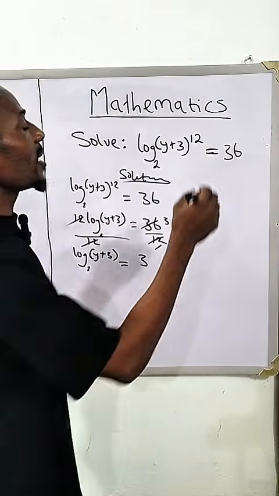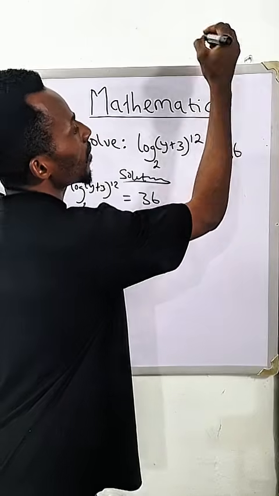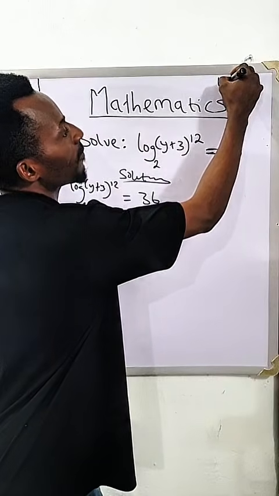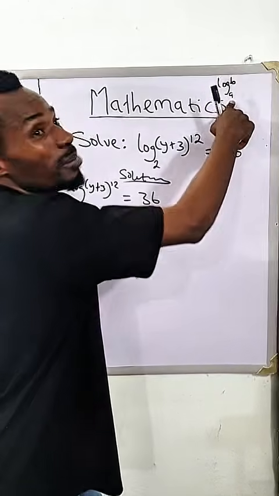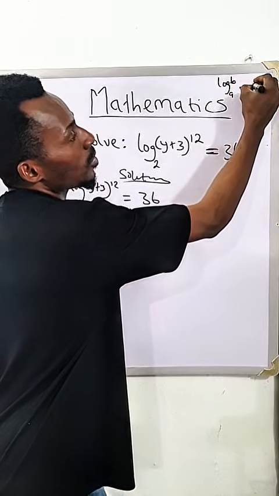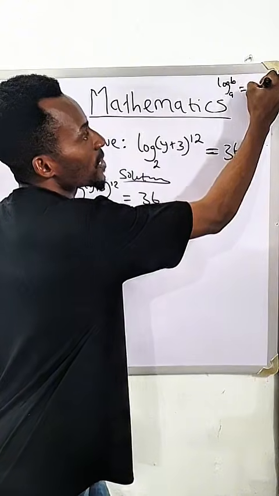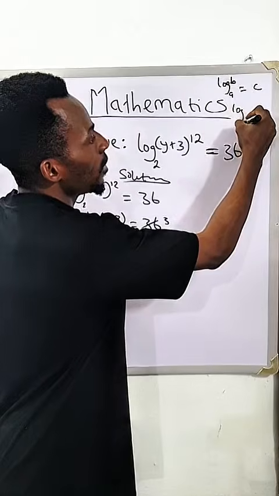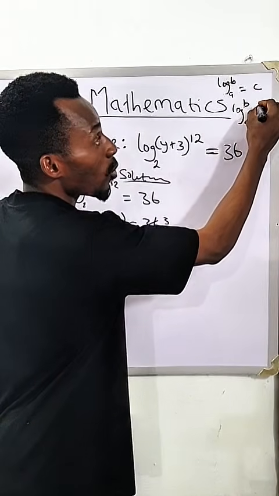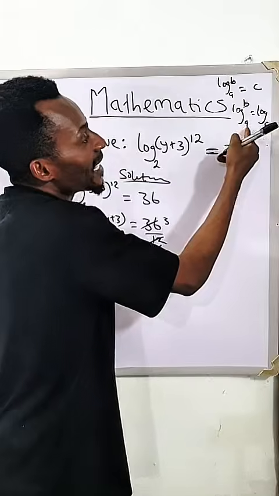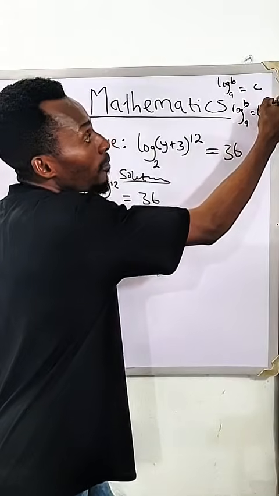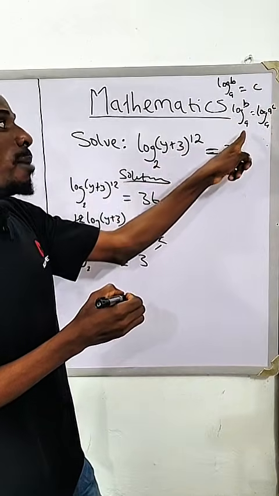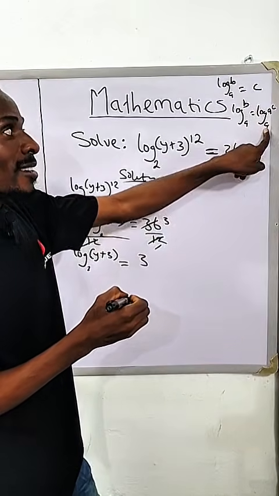Okay? Now, remember this again. Let's assume we have something like log b base a equal to c. So what I'm going to do: log b base a equal to c means b equals the base a raised to the power of c.